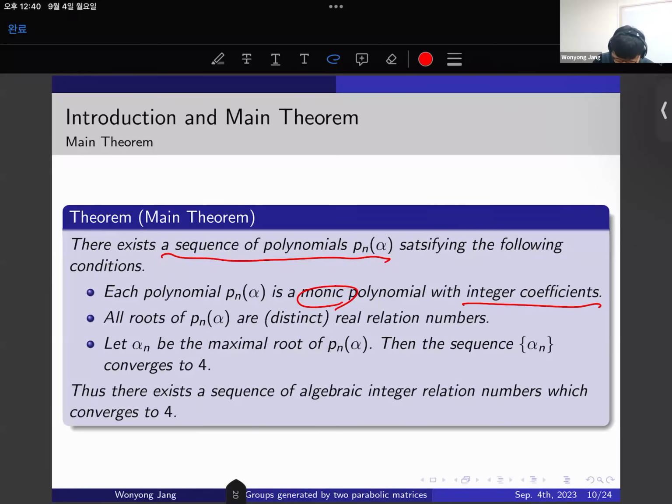So actually, from the first condition, all roots are algebraic integers. And lastly, let alpha n be the maximum root of p alpha. Then the sequence alpha n converges to 4. So it means that there exists a sequence of algebraic integer relation numbers which converges to 4.